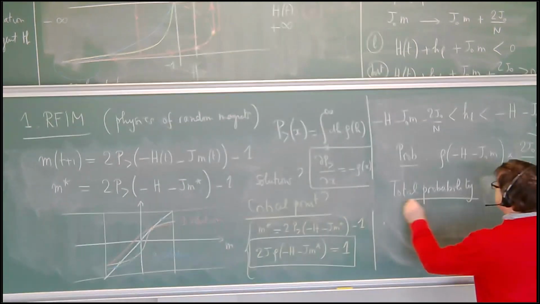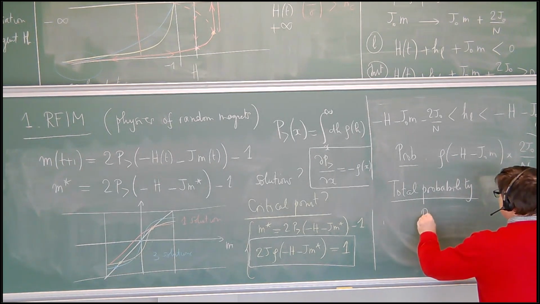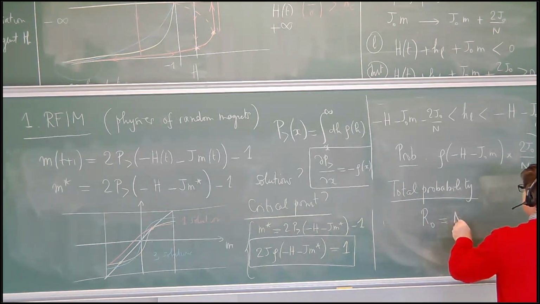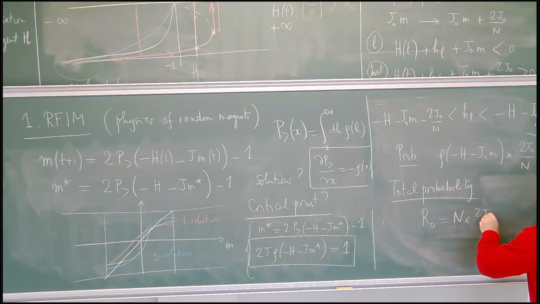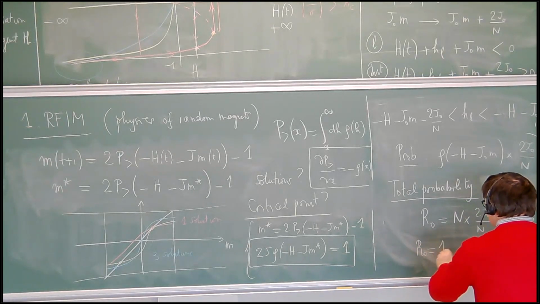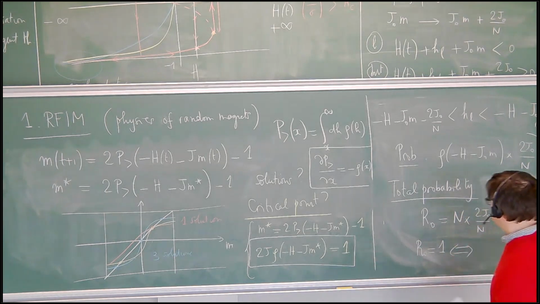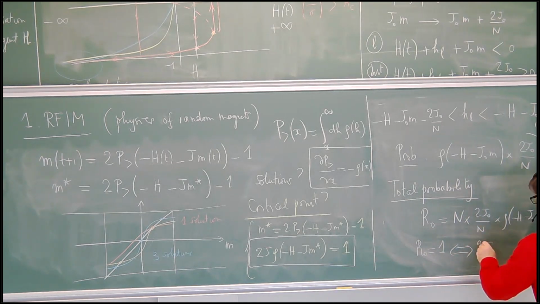So the total probability, independently of who L is, as I was saying, is what I'm calling R0. It's N times 2J0 over N times rho of minus H minus J0 M. And so you see that R0 equal 1 is equivalent to the second condition that defines my critical point, which is 2J0.